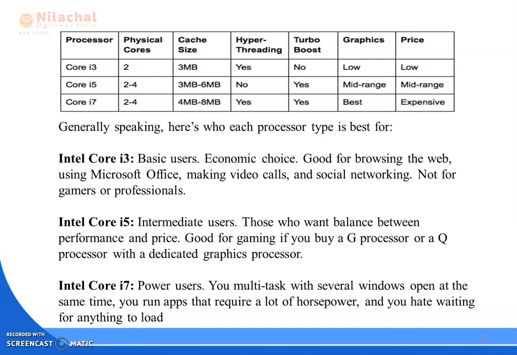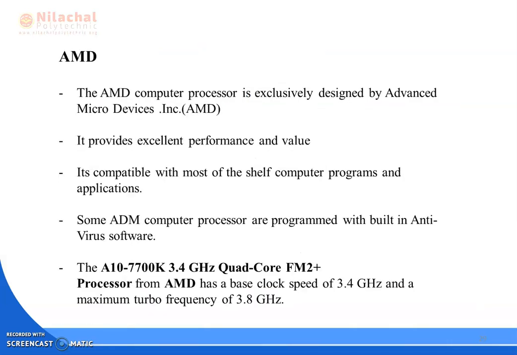So these were some basic properties from which we can choose a processor according to our objective and our use. Next we will be talking about the AMD processor. The AMD, or Advanced Micro Devices, processor is another type of processor like Intel.